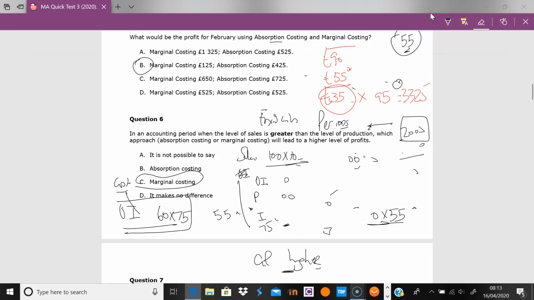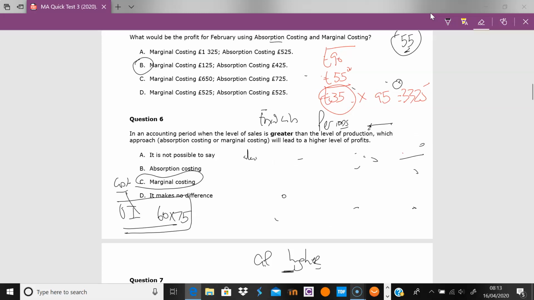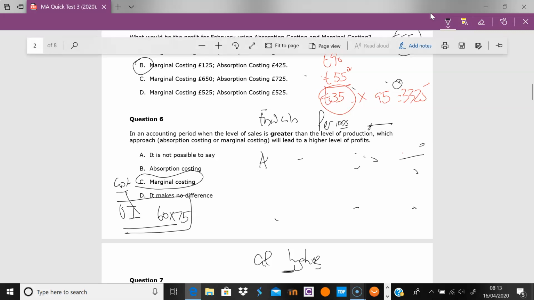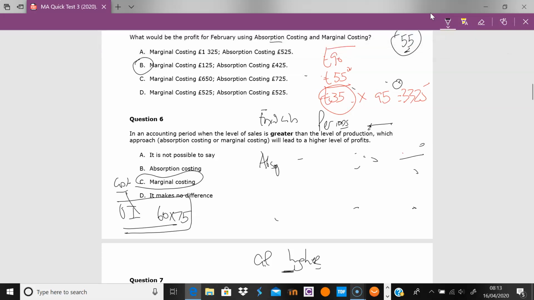To summarize, the key point is that with absorption costing, in the first period, typically when production is greater than sales, we're able to hide the costs in closing inventory and shift them to the next period.